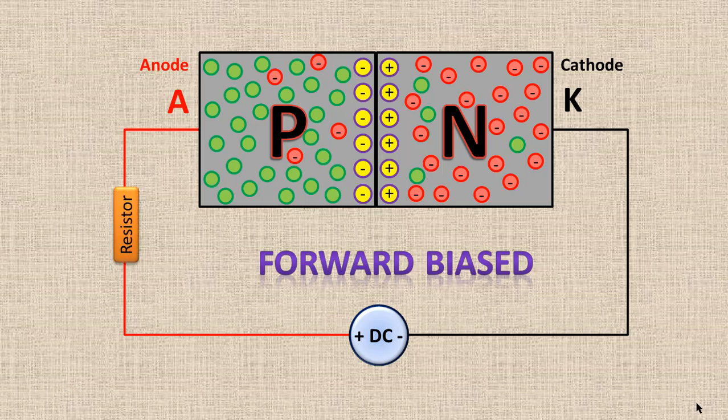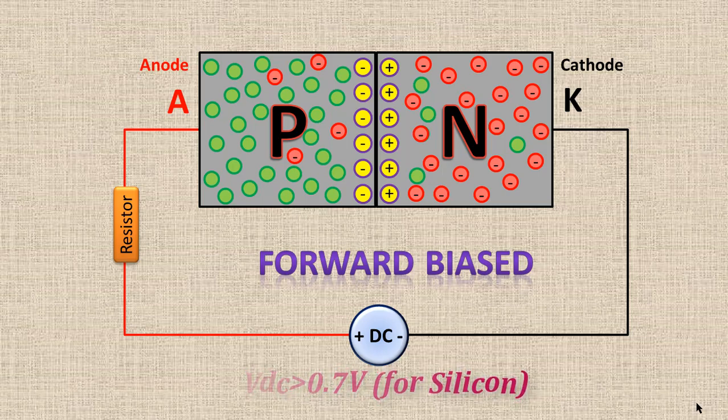Because like charges repel, the negative terminal of the voltage source pushes free electrons, the majority carriers in the N-type region, toward the P-type region in a forward biased diode. When the applied voltage exceeds the barrier potential, typically 0.7 volt for a silicon diode, it overcomes the junction's built-in electric field.